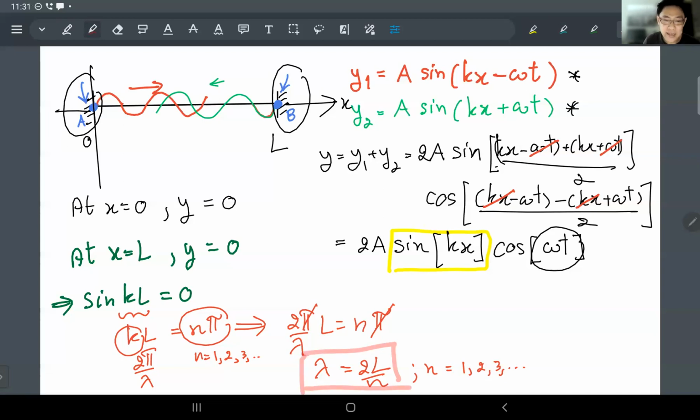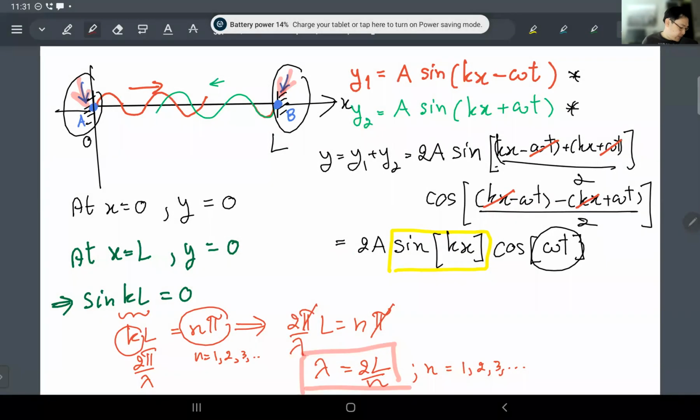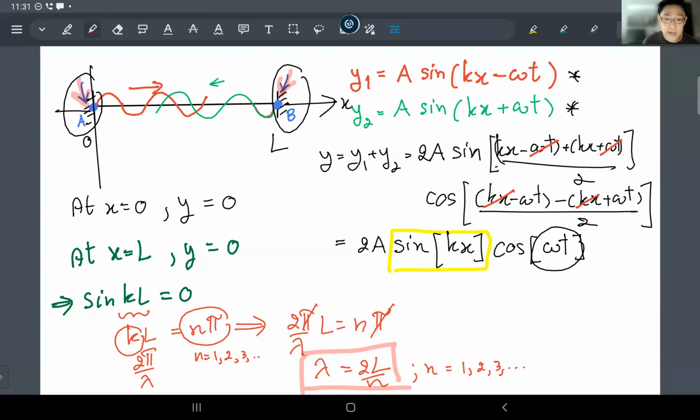But the thing is, you cannot put any wavelength into this. The wavelength that will show up in here has to match the condition of no movement at point A and point B. So to be able to adhere to that rule, I just want to make sure that the lambda meets this condition right here: 2L over n.